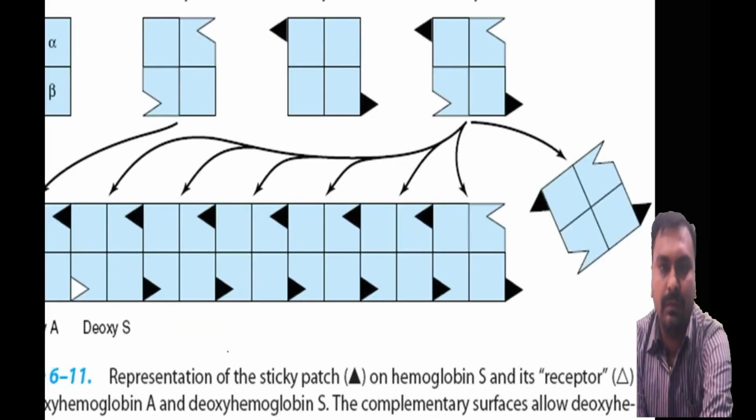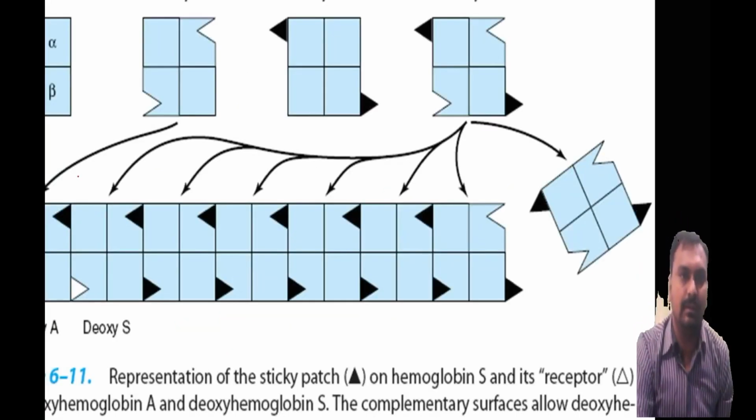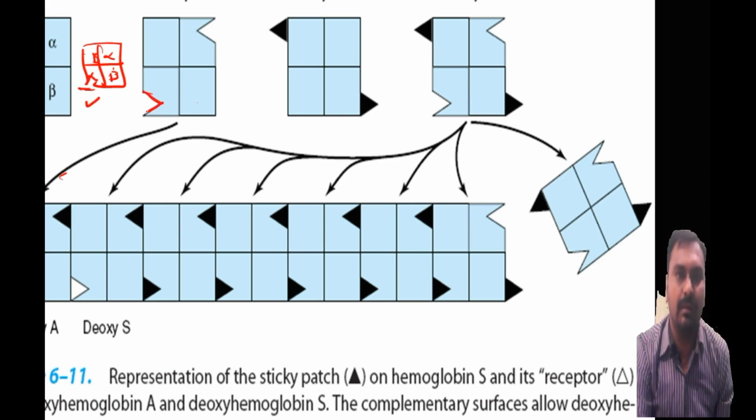So you can see this is the normal oxy hemoglobin, beta and alpha. This is normal, but in the deoxy form there is a hydrophobic pocket or receptor. In oxy HbS there is a sticky patch.